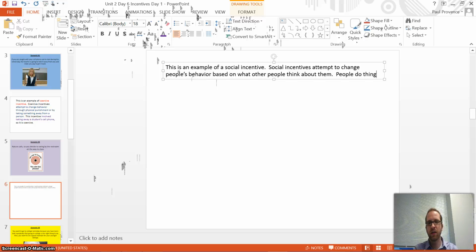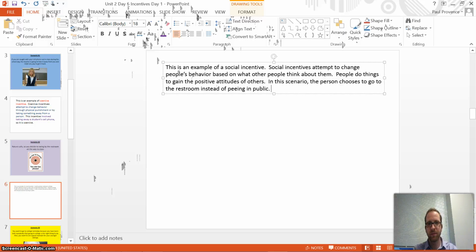People do things to gain the positive attitudes of others. So in this scenario, the person chooses to go to the restroom instead of peeing in public, we'll say.